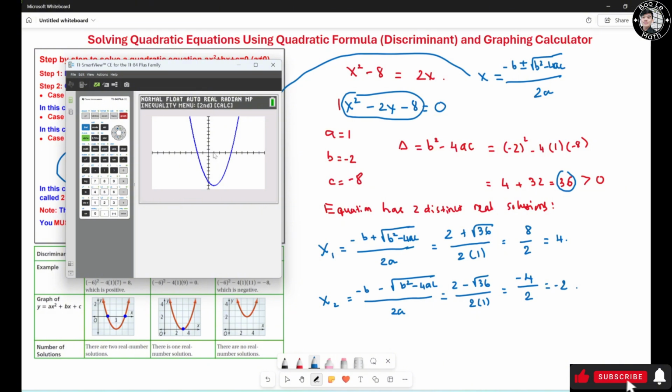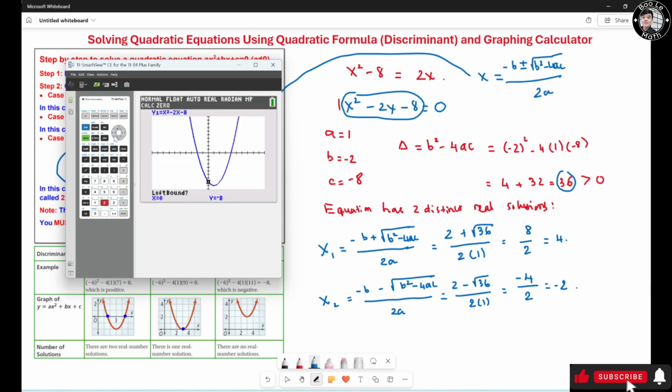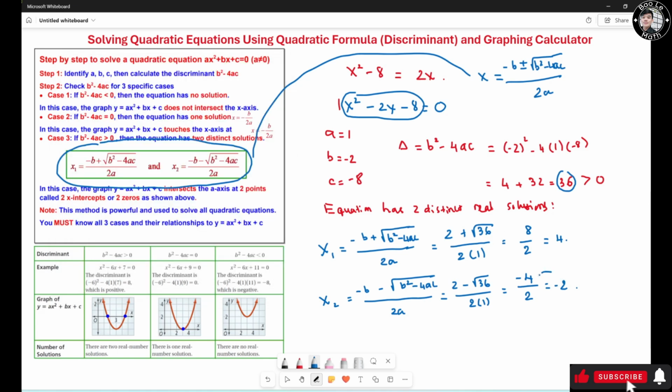Now you need to find the two zeros, so you hit second trace, number 2. Now you need to find the zero on the left. So move the cursor to the left of the zero, hit enter. Move your cursor to the right of the zero, hit enter. Move the cursor inside the two lines right here, hit enter. So the first zero is negative 2 right here. S equals negative 2, yes, it's right here.